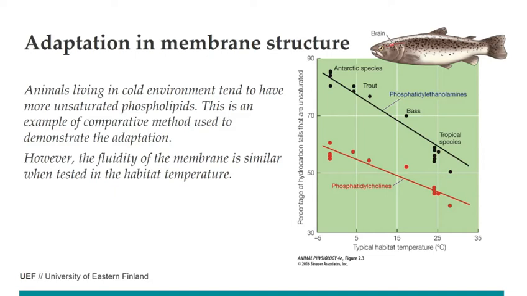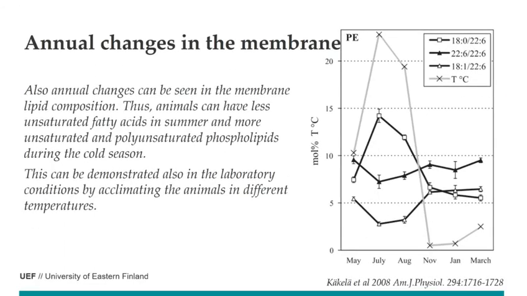And furthermore, it's not only that those animals have been living for ages in cold temperatures, but we can actually change the saturation of these phospholipids in our annual cycle.